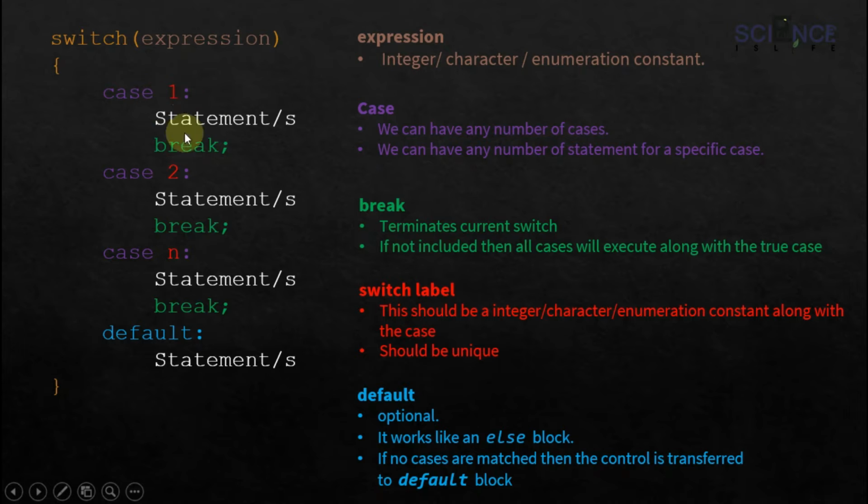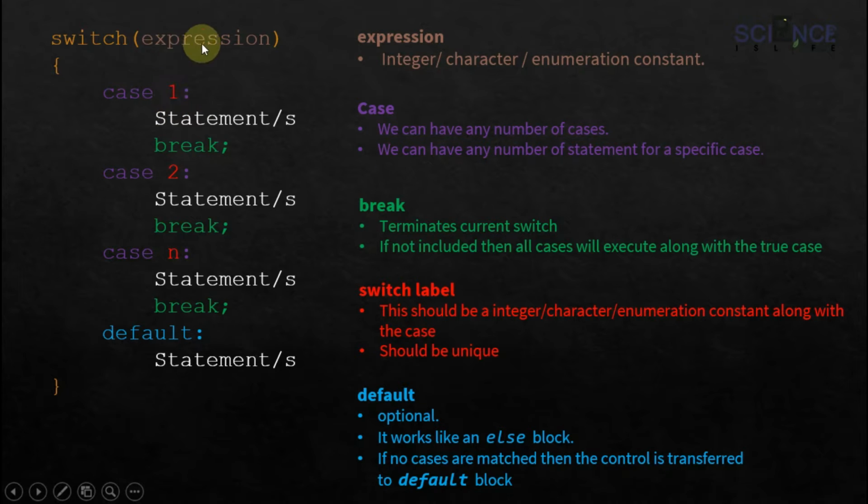So what are these cases? We begin these cases by mentioning the keyword case, then we put a space and mention an integer or a character, right? If our expression gives us an integer, then we should mention an integer here. You can't mention a character here.